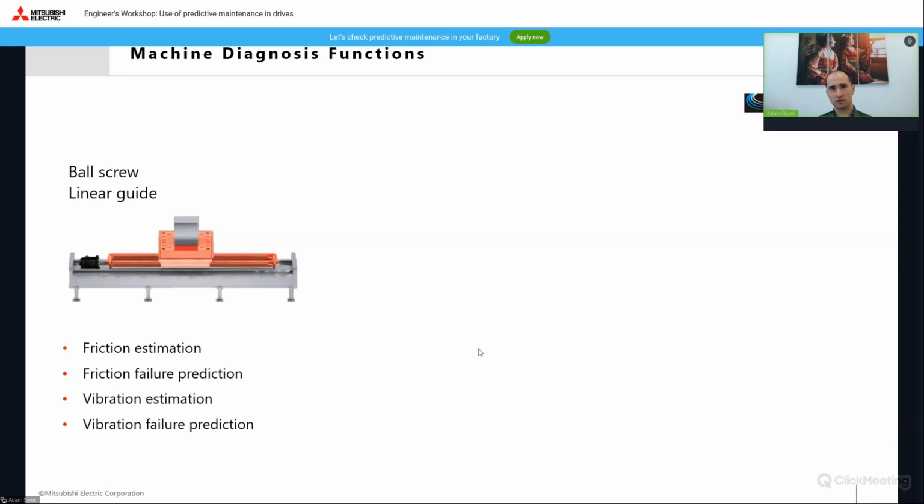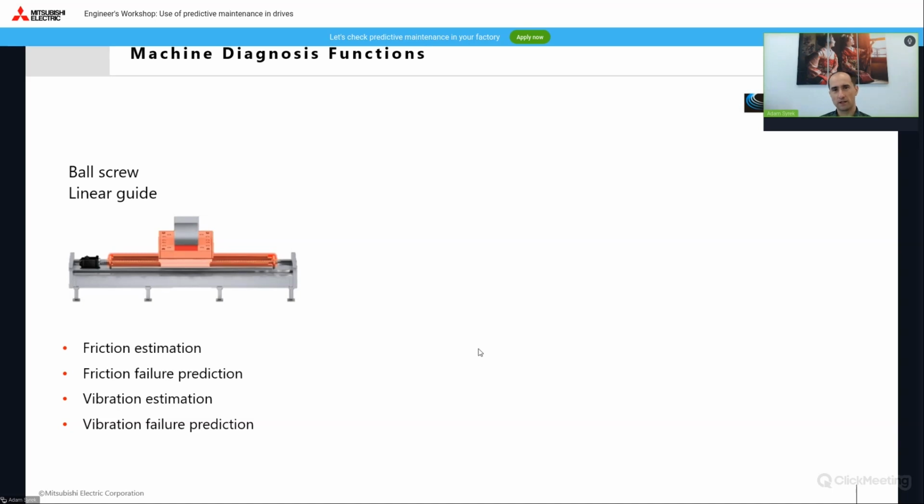For this function, we can mostly use two things. One, we can estimate the friction, and based on this friction, we can judge whether the level is proper for the machine or not. That's the role of the amplifier, to find this border value when we can say that something wrong is happening with our machine.